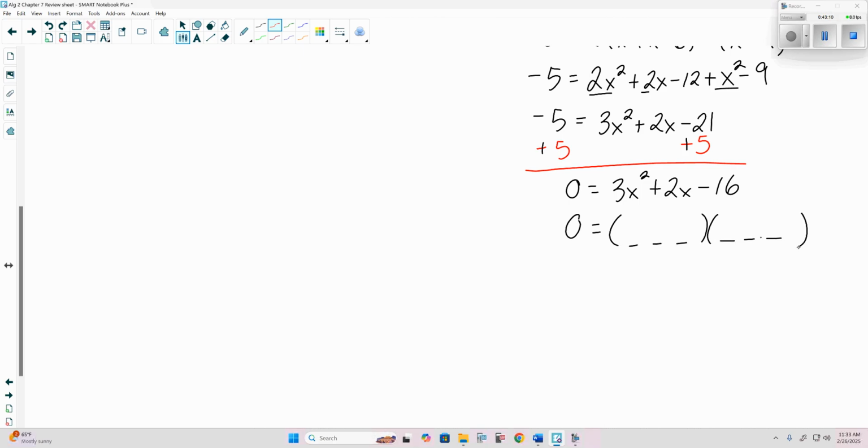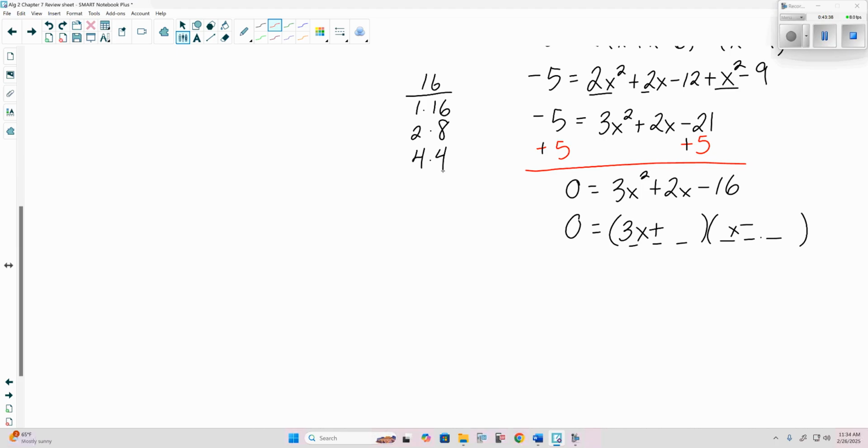So we would have our 2 sets of parentheses with 3 spaces. Since the third term's negative, our signs would be opposite. Factors of 3x squared, well, the x squared would be x and x. 3 and 1. You just got to pick a place to put the 3. Factors of 16 are 1 and 16, 2 and 8, 4 and 4.